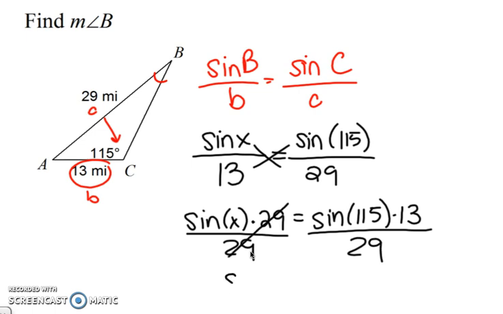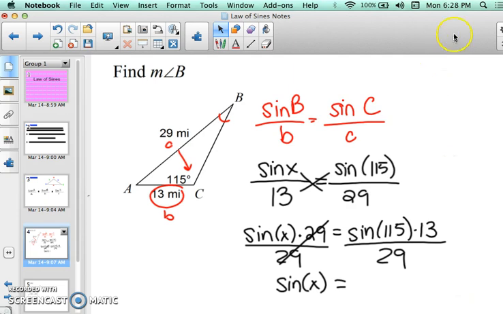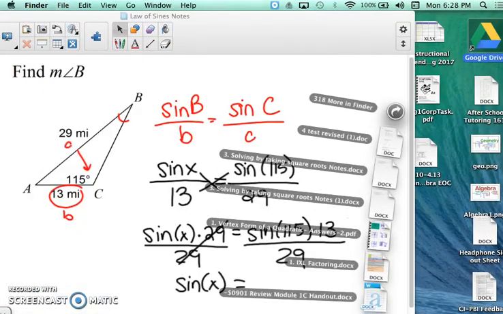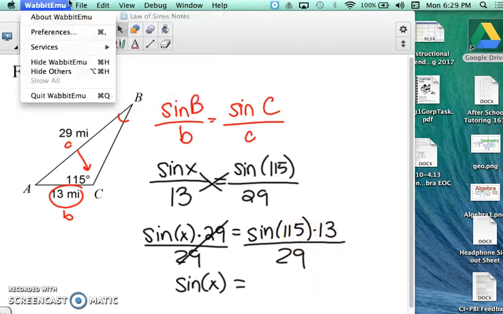Therefore my sine of x is going to equal all of that multiplied and divided together. What's going to come in nice is your fraction button, which mine is not going to work in this case, so I'm going to do parentheses. But you would type sine of 115 times 13 and then divide it by 29.